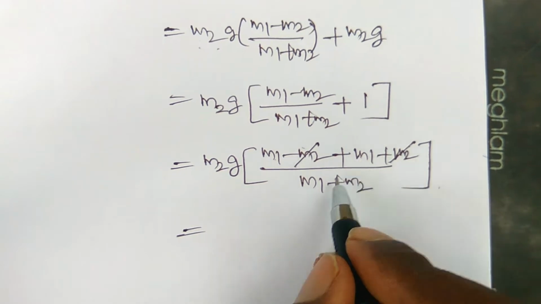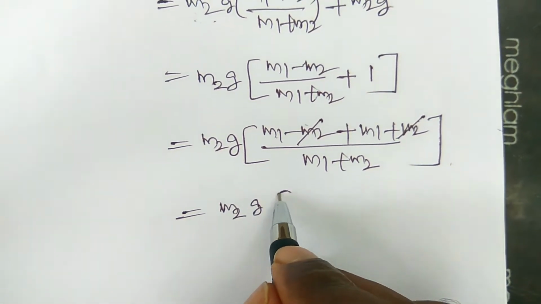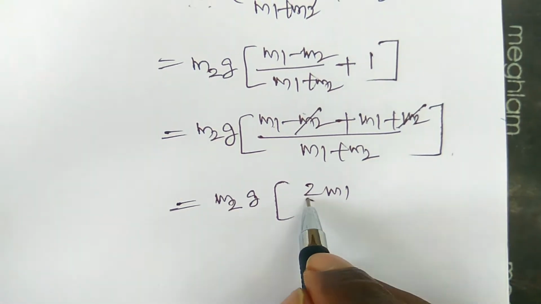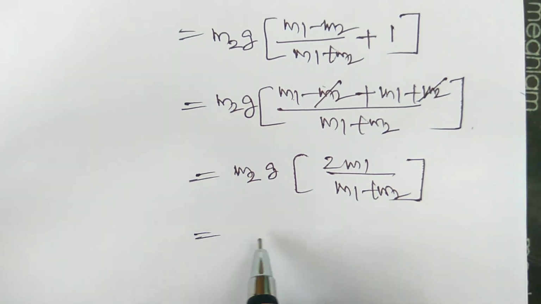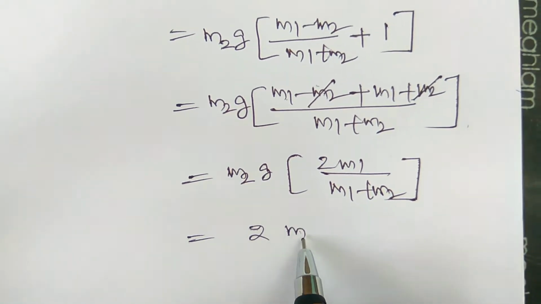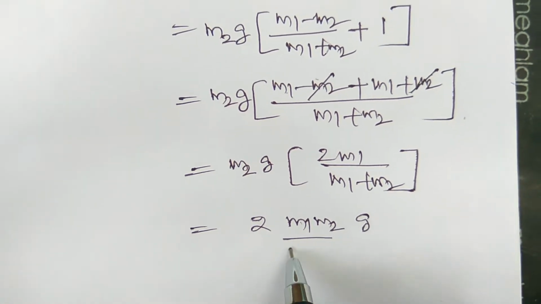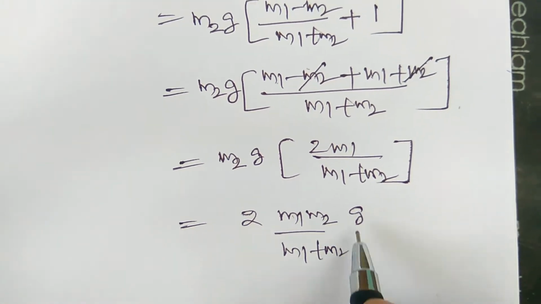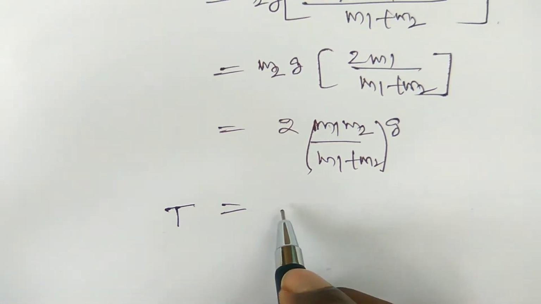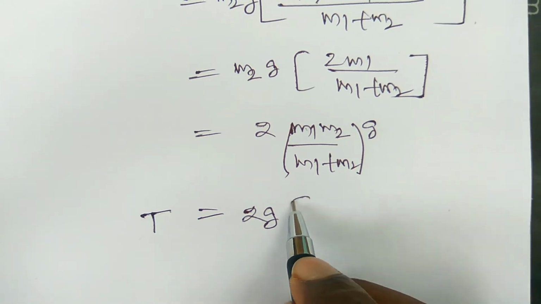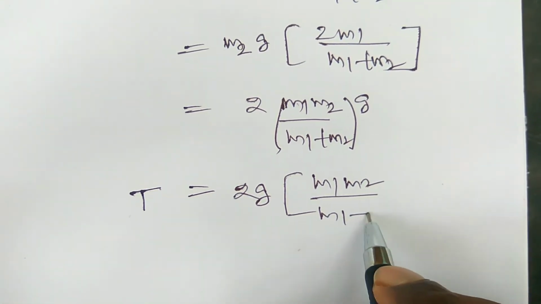Here m1 plus m1 is 2m1, so we get m2g into 2m1 by (m1 plus m2), that is 2 m1 m2 g by (m1 plus m2). So the tension T is equal to 2g m1 m2 by (m1 plus m2).